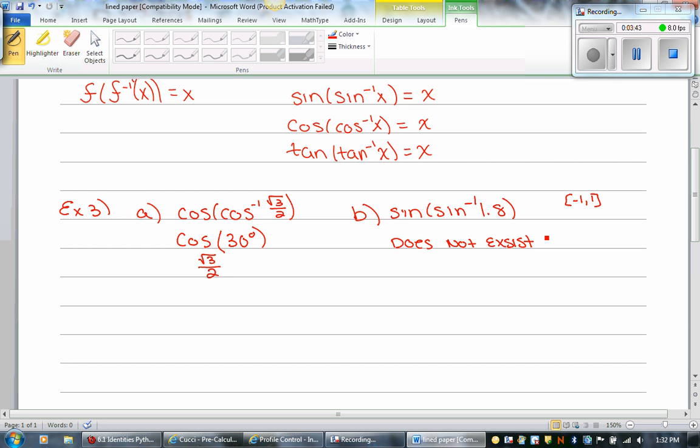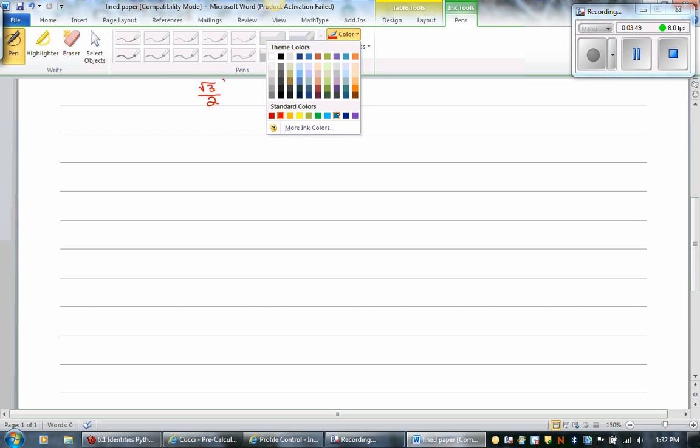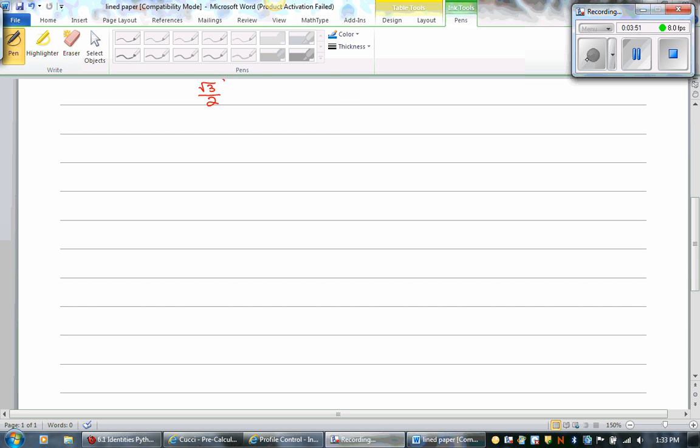Alright, so we do have some special cases that we need to be aware of. That first special case is sine inverse of sine of x. Now notice this is in the opposite direction.